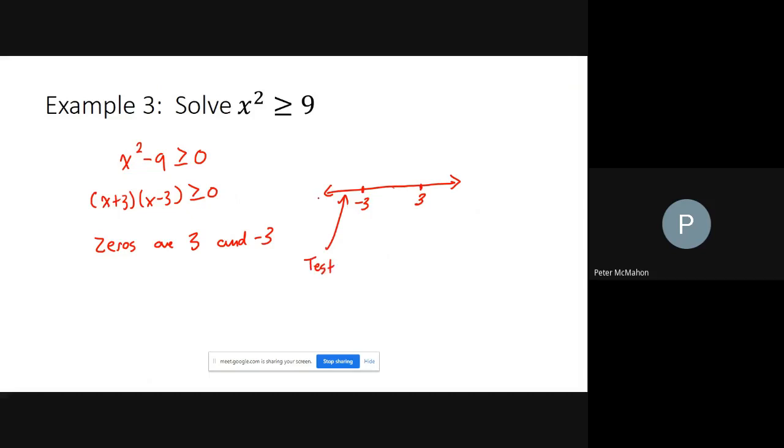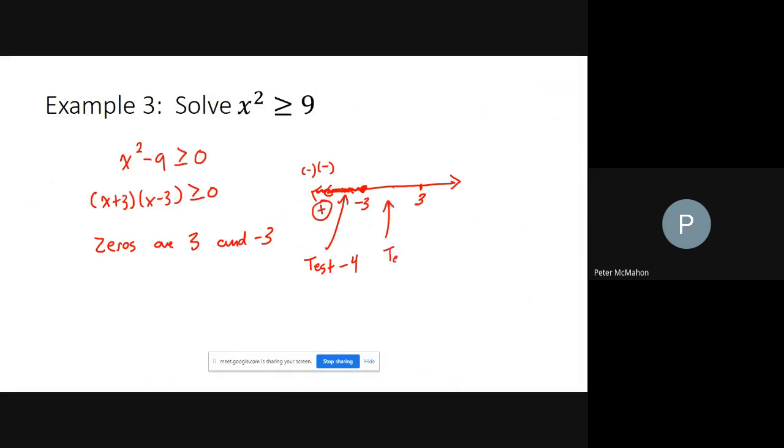Say test -4. If I look at this one over here, -4 plus 3 is a negative number, and -4 minus 3 is a negative. A negative times a negative gives me a positive over here. So if I want the ones which are greater than or equal to 0, like I have here, that means positive, which I have over here. So I am including this as part of my solution.